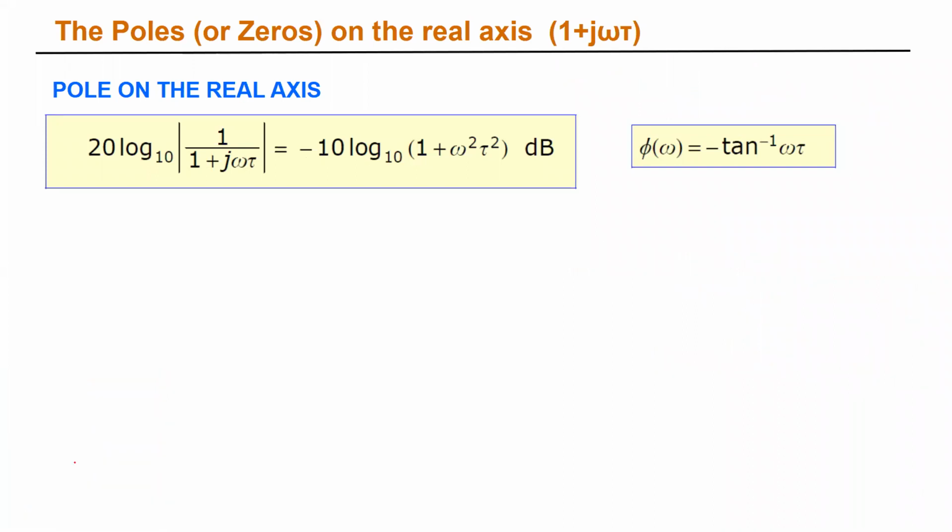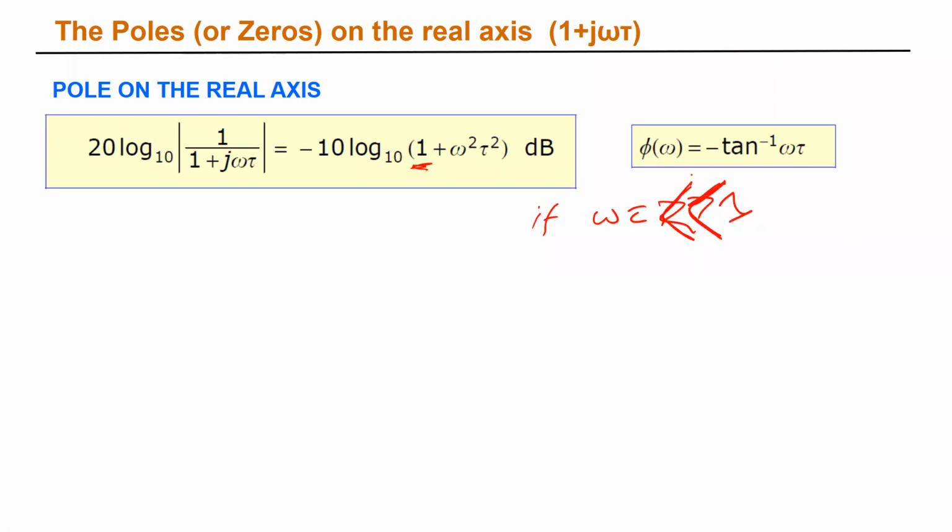Now, this is where the beauty is, that's why we are putting 1 in here. Look, if omega tau is much greater than 1, what will the magnitude be approximately? Sorry, let me take the case the other way around.